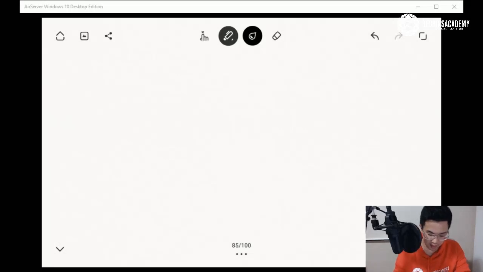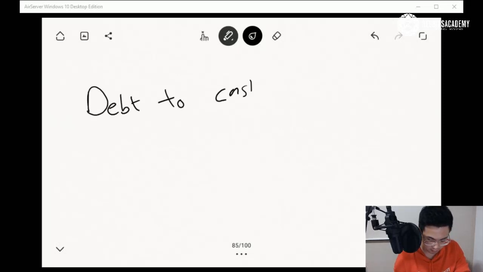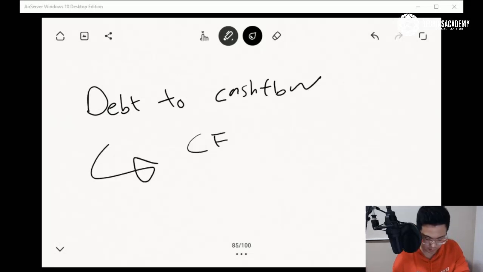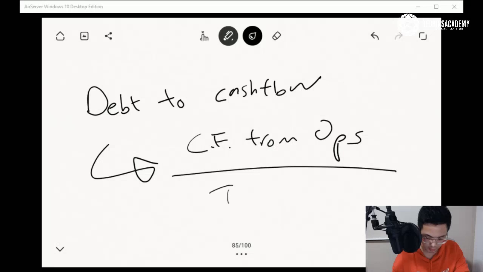The formula for this ratio is basically cash flow from operations divided by total debt.